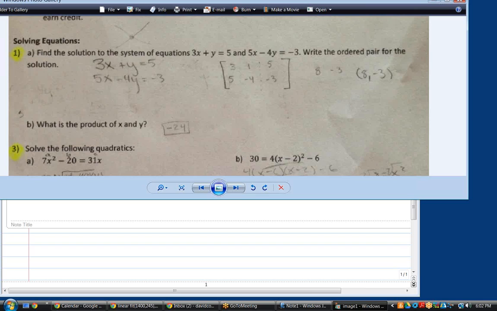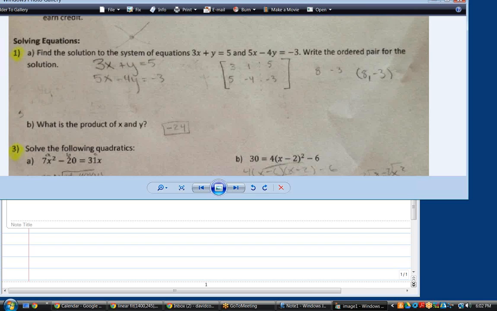All right. Well, if we look at this first problem, looks like you've tried to solve it using matrices. Yes. Okay.